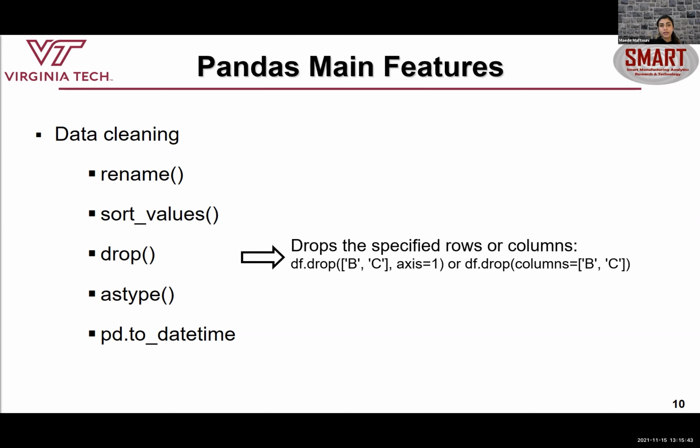Dropping specific columns that are not useful to your analysis is another cleaning task that you need to do, because you don't want to have a crowded data frame or use a lot of memory when you are only going to work on specific columns.